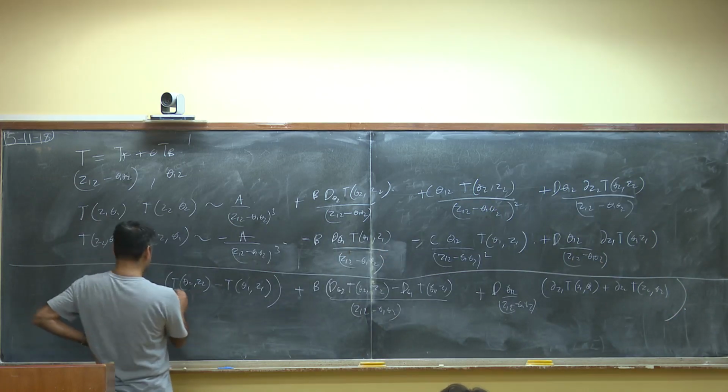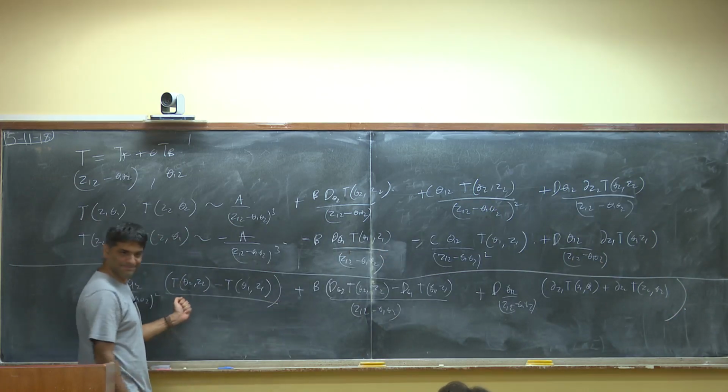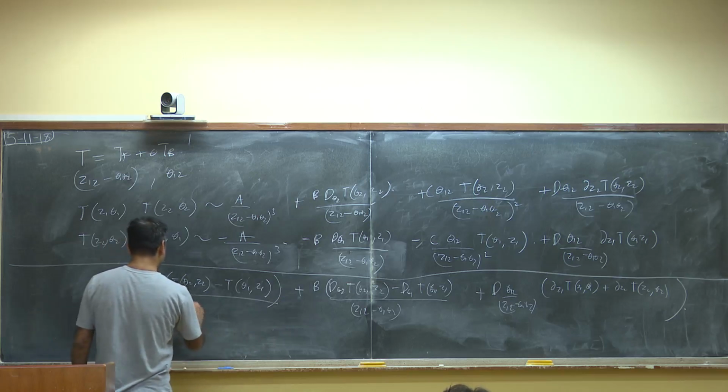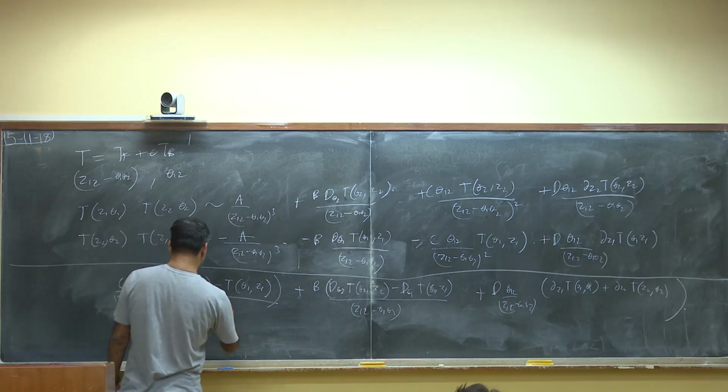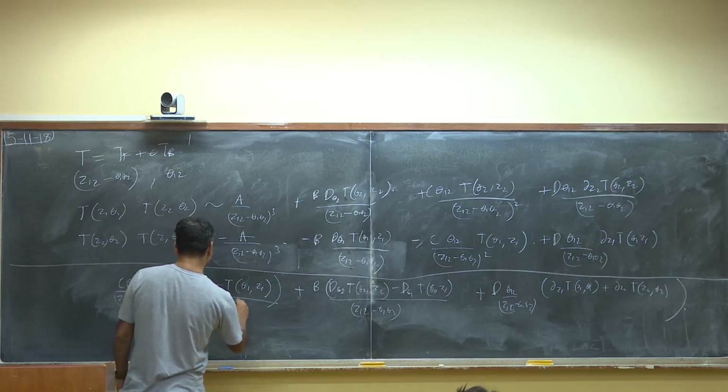So let's just expand it out. So this is Tf of z2 plus theta 2 Tb of z2.